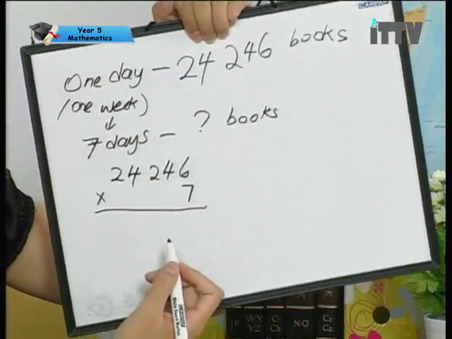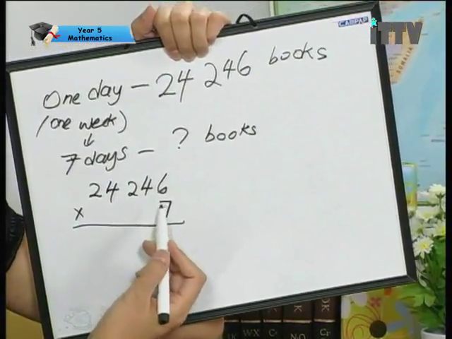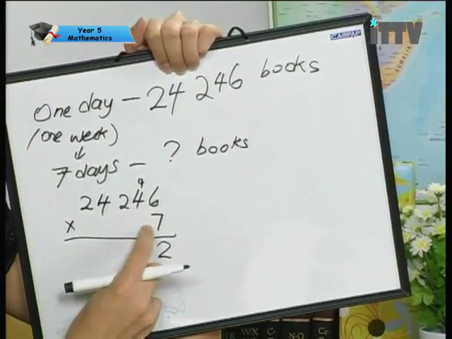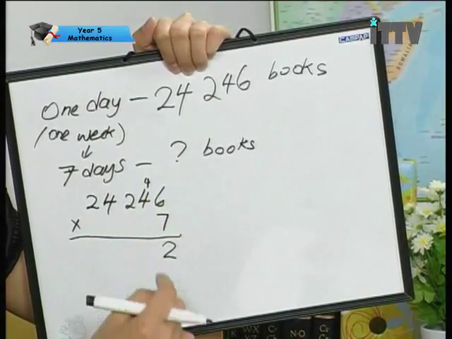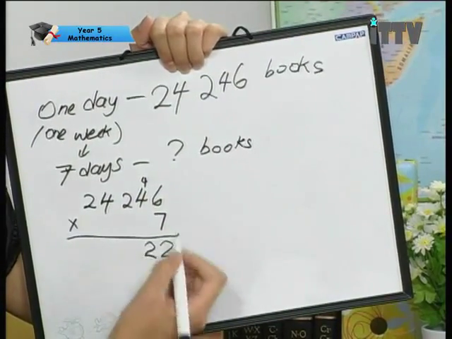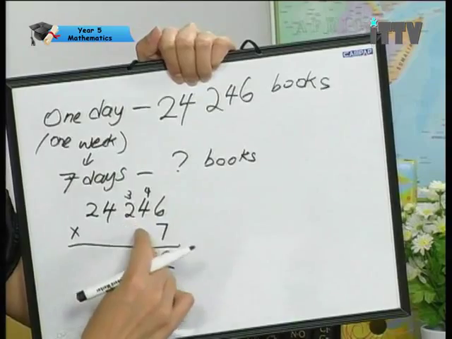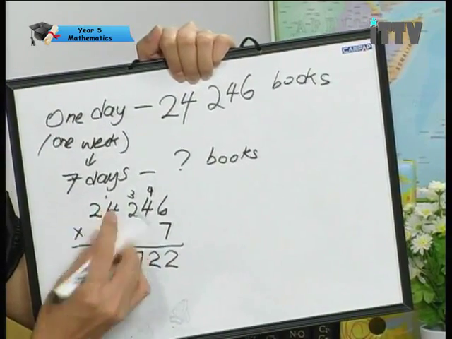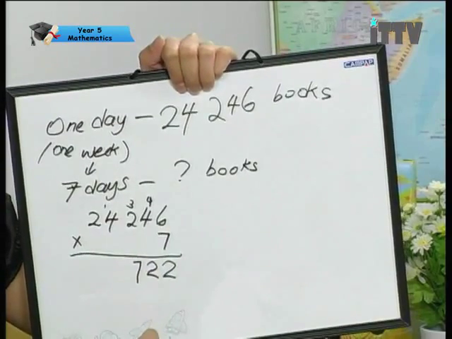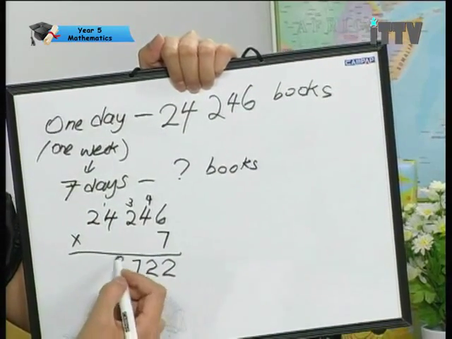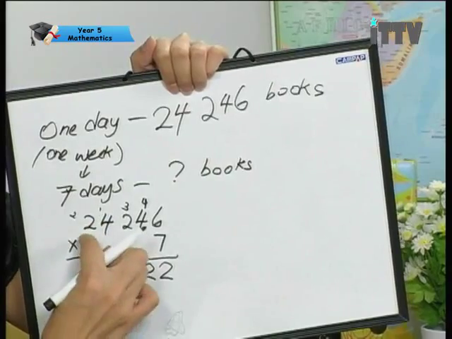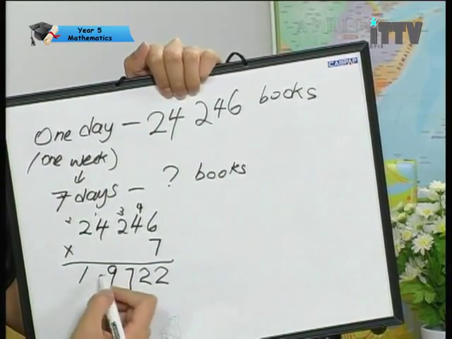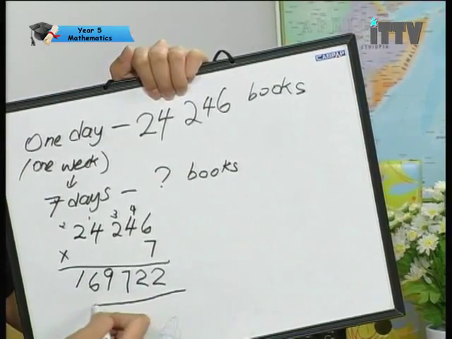Okay. Now, 6 times 7, 42. 4 times 7, 28 plus 4 gives us 32. 2 and 7, 14 plus 3, 17. 4 and 7, 28 plus 1, 29. 2 and 7, 14 plus 2, 16.